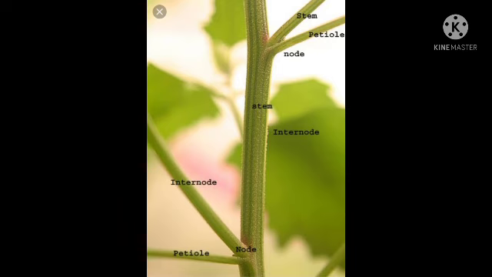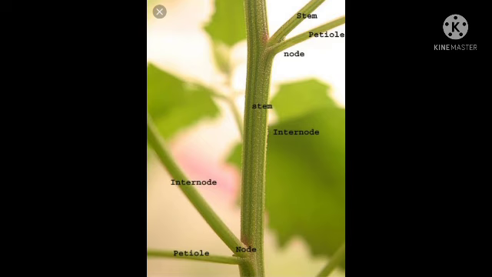Nodes are the parts of the stem where leaves are raised. The part of the stem between two successive nodes is called internodes.